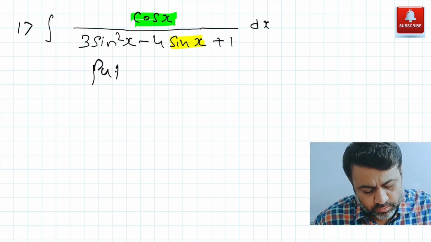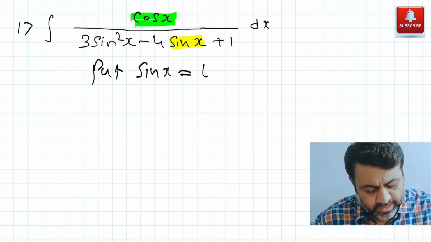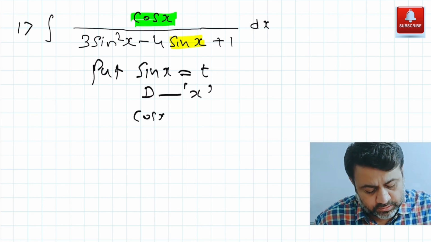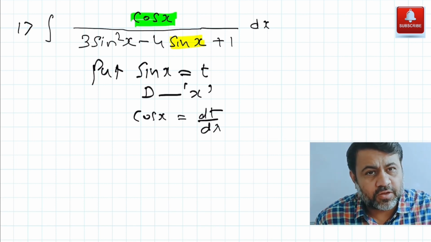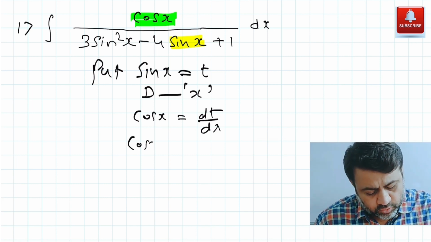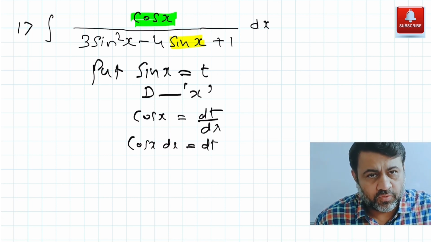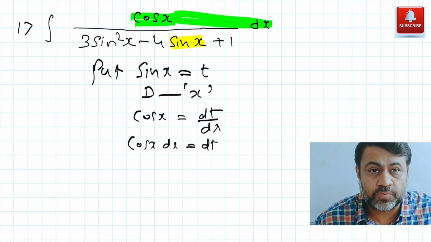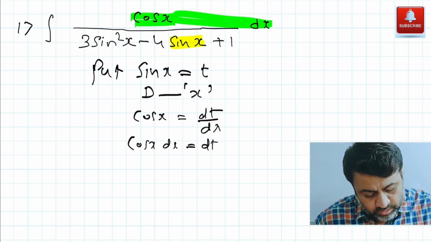If I put sin x as t and differentiate with respect to x, derivative of sin x is cos x, derivative of t is dt by dx. So just take cos x and dx together. So we get cos x dx can be written as dt. So this entire cos x dx is going to be substituted as dt. Let's take it further.